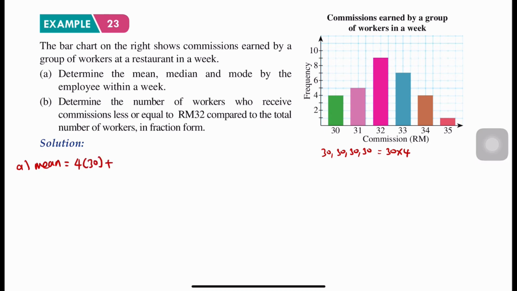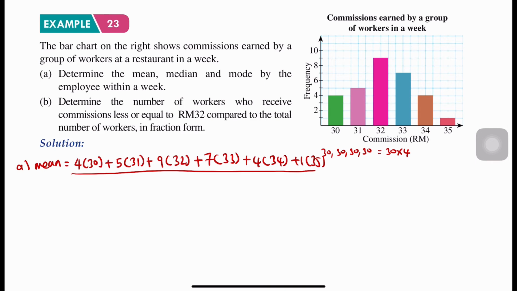So kita ada frequency 4, 30, plus, next kita ada 31, bar tu kita ada 5, 5, 31, plus, bar 32 kita ada 9 frequency. So plus 7, 33 plus 4, 34 plus 1, 35. Faham?